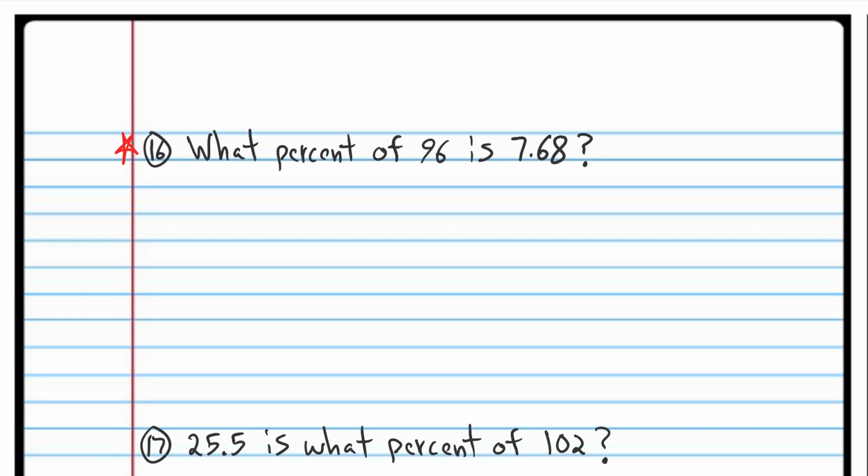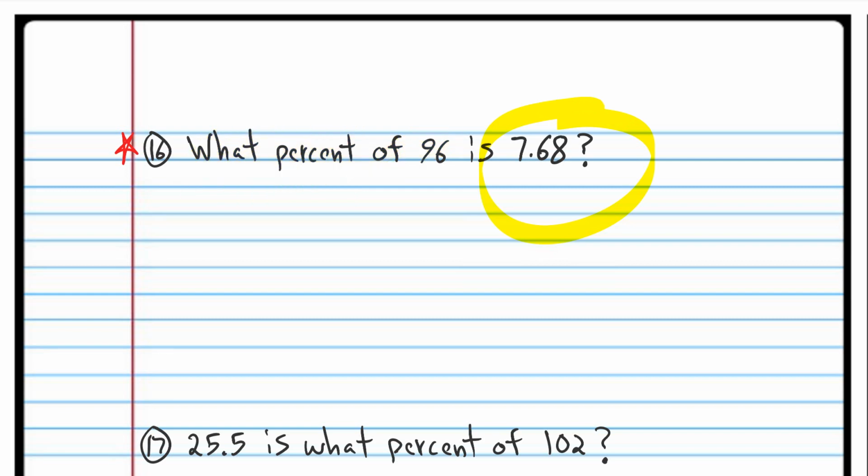All right, so now we're doing the same types of problems, except now instead of finding the original number, we're going to be given the original number, and we're going to be asked to find the percent. So in the first type of problems we did, we were given the original number and the percent, and we were asked to find the percent of the number.